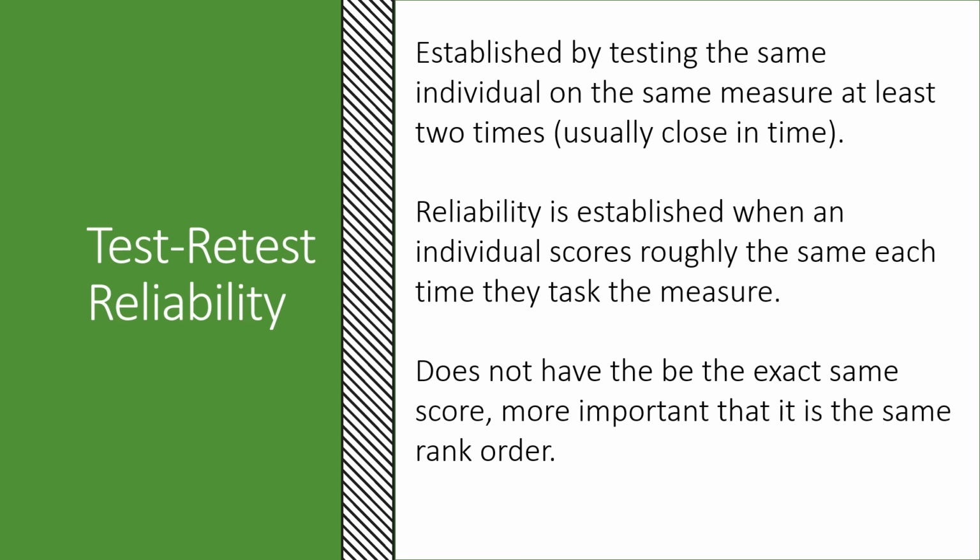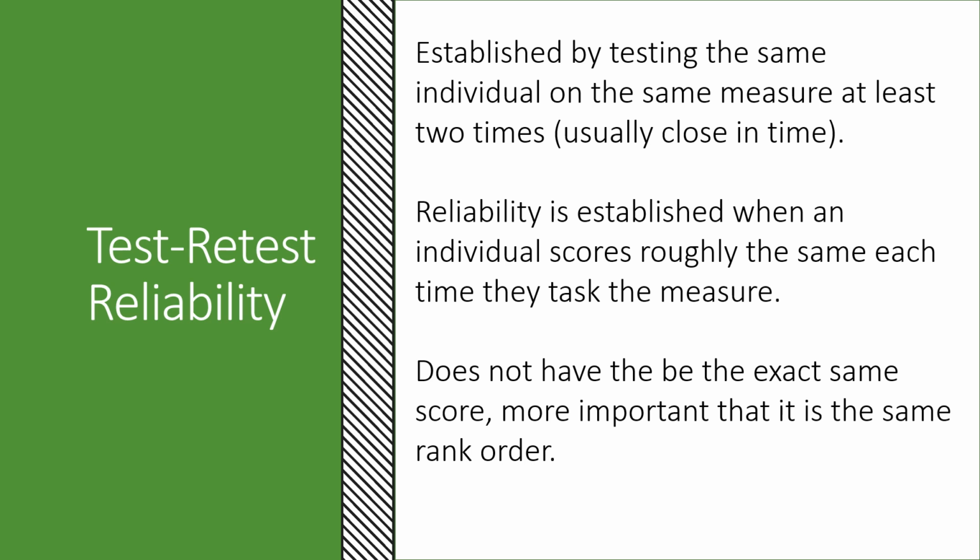What you do is you take an individual, and let's say you give them a self-report test. Maybe it's an IQ test, maybe it's an SAT. Then sometime, usually close in time, you give them the same version again.